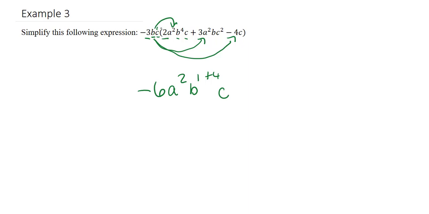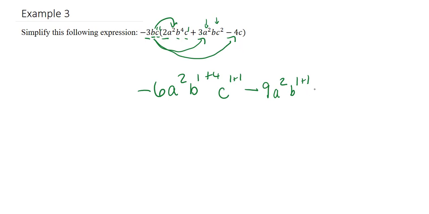Then we have c to the first and c to the first, so 1 plus 1. Now we have negative 3 times 3, so that's minus 9. Then we have a squared again. We have b to the 1 plus 1, to account for both.